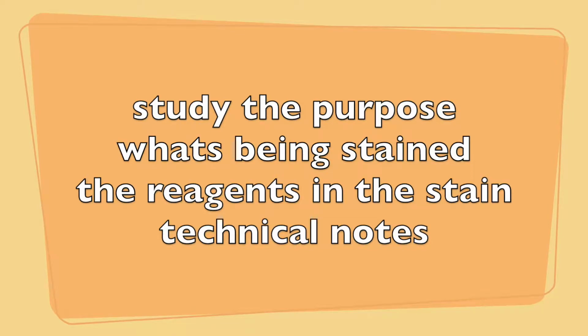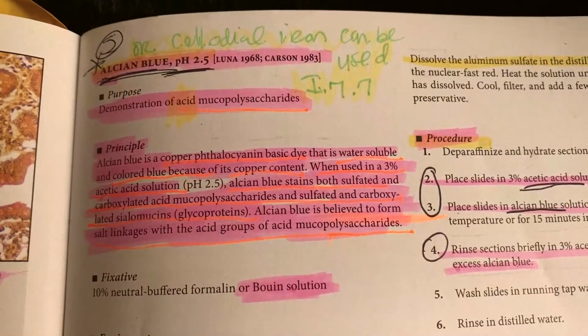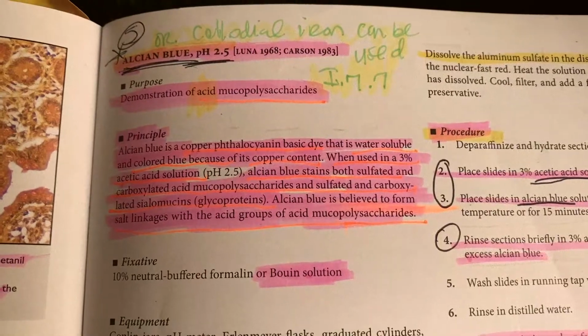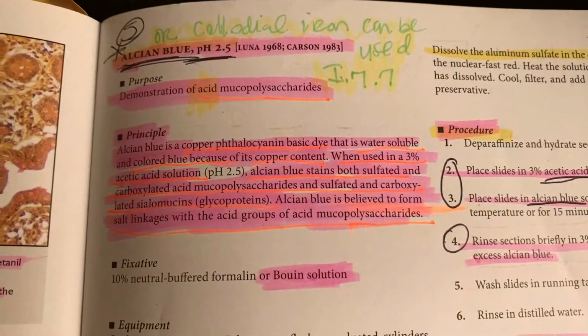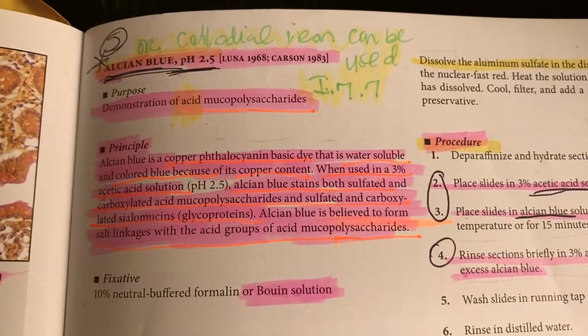That's definitely important. You want to know what the purpose of the stain is for. The purpose is demonstration of acid mucopolysaccharides. In the test, they may ask you, what would you use for demonstration of acid mucopolysaccharides? Make sure you know it's Alcian Blue. A keyword you could use is acid and Alcian Blue, ANA.